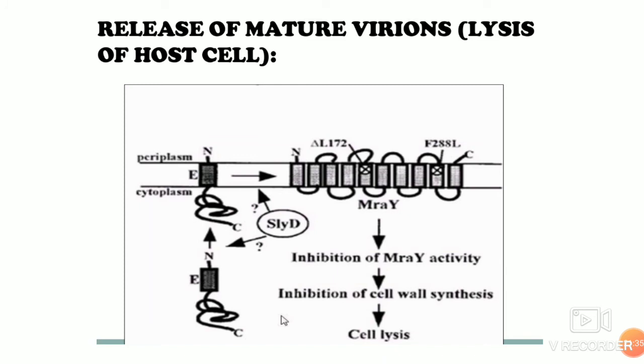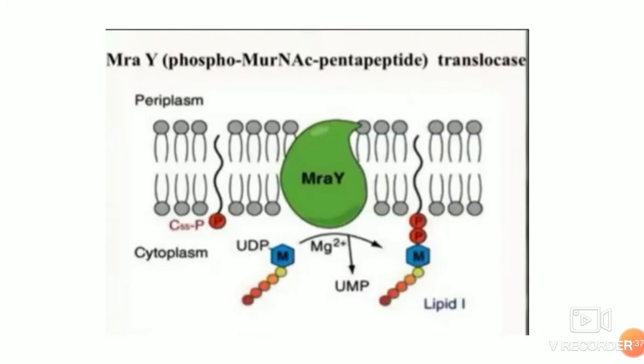This is a translocase which helps in translocating the newly formed components of the cell wall to be loaded onto a lipid, so that they are carried over to the cell wall formation site and the cell wall is made. So there is no cell wall synthesis happening because of the E protein association with the MraY protein, which inactivates the MraY protein. So there is inhibition of cell wall synthesis and cell lysis happens.